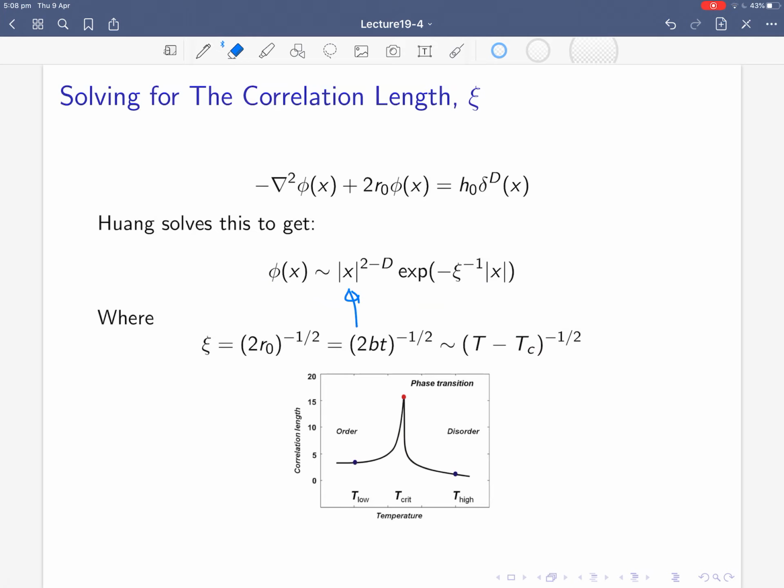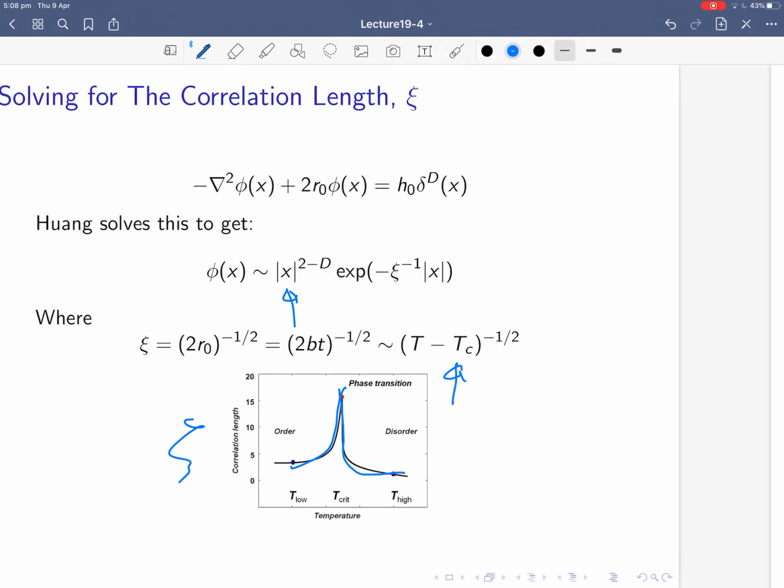When you do that, you find the correlation length diverges as you approach the critical temperature, and it diverges in this mean field case as T minus Tc to the minus a half. So here we go. It goes up here. As you approach the critical temperature, it diverges up. That's the correlation length, that's how the correlation length goes. What does that mean? What does the correlation length mean?